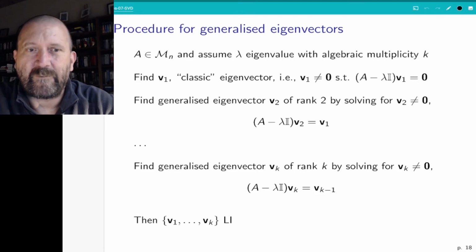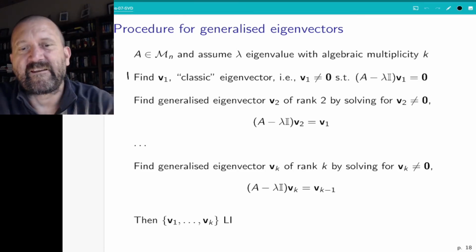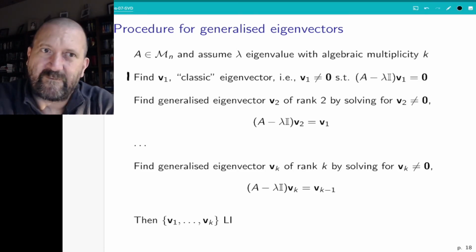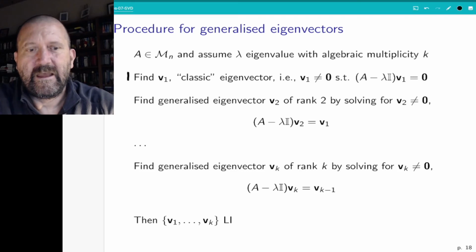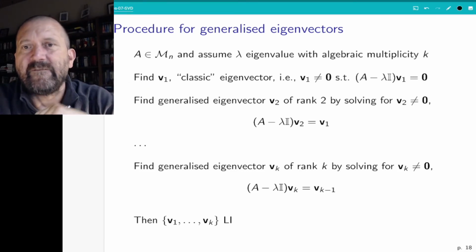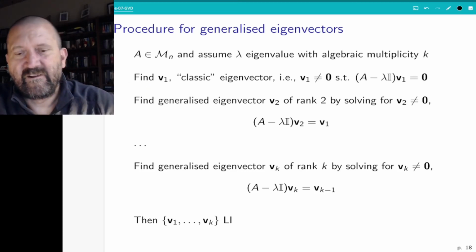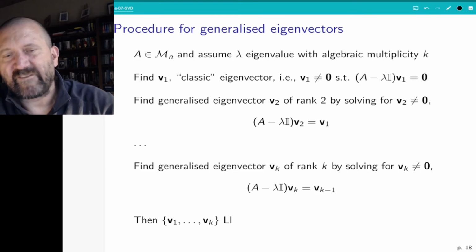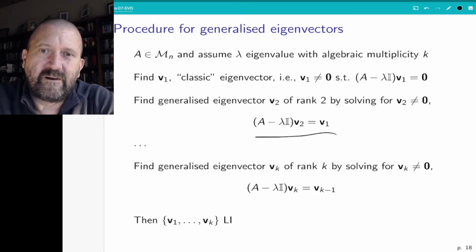So you start by finding out a classic eigenvector. So you just compute it the way you would compute any other eigenvector. That will give you one eigenvector. And now you're going to find eigenvectors of the different ranks. So the first one you'll get by solving this equation here.